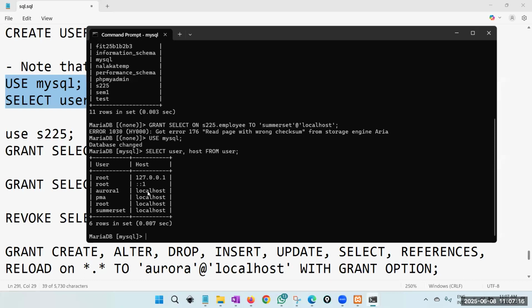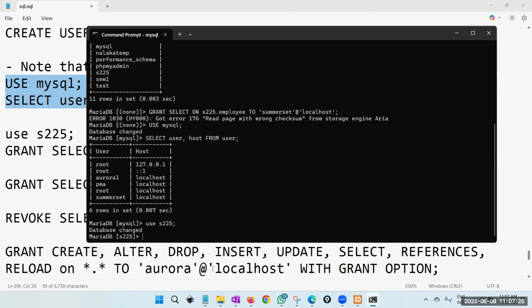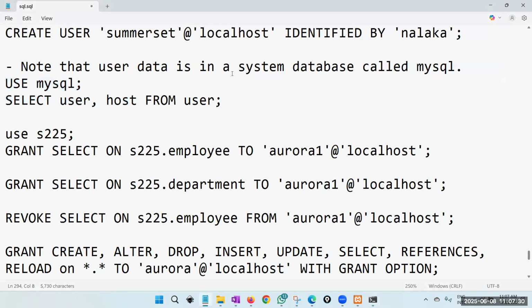Okay, so shall we go into the database and do this? Use S225. And now let's see whether we can do it. Say Somerset.